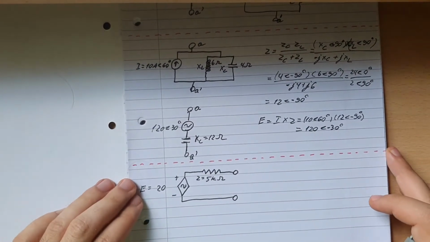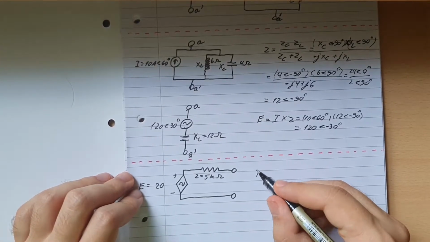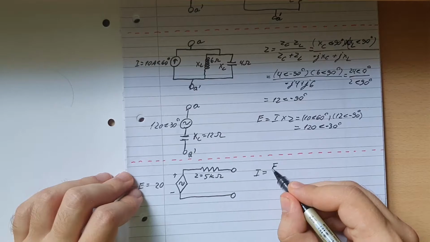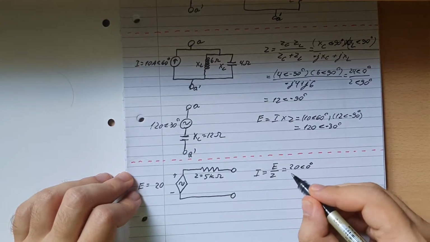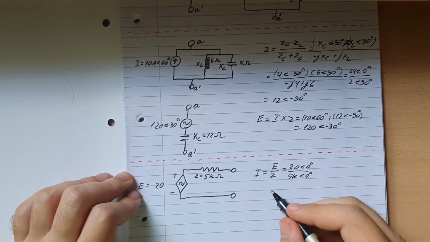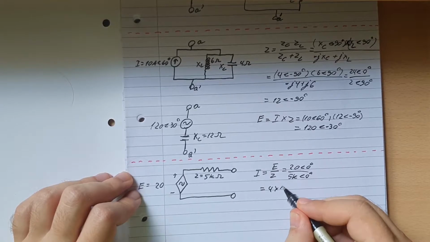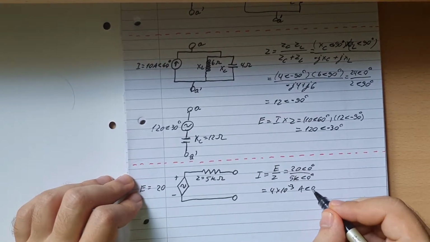Alright, and this one is very simple as well, because we apply basically the same formula. It'd simply be I is equal to E over Z, and that's equal to 20 at an angle of 0 degrees divided by 5k at an angle of 0 degrees, and that will be equal to 4 times 10 to the minus 3 amps at an angle of 0 degrees.